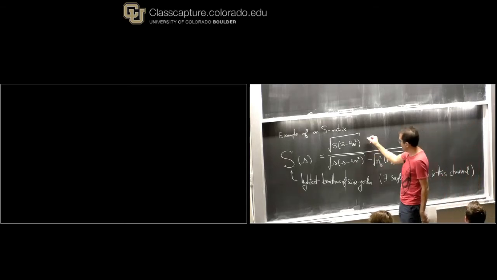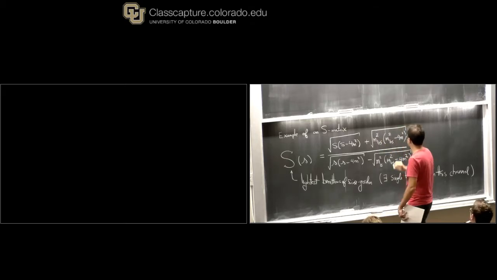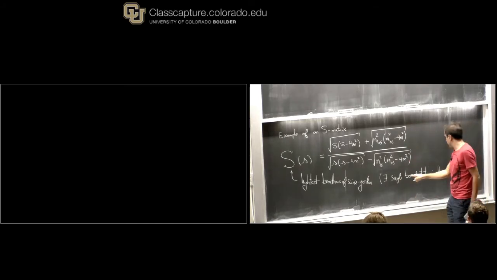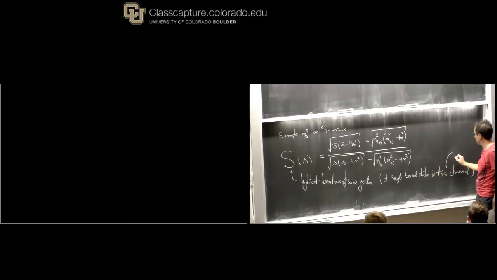And here, instead of a minus upstairs, I put a plus: plus square root of m_b squared minus 4m squared. So it turns out that there is a single bound state in this channel. This bound state has mass m_b.